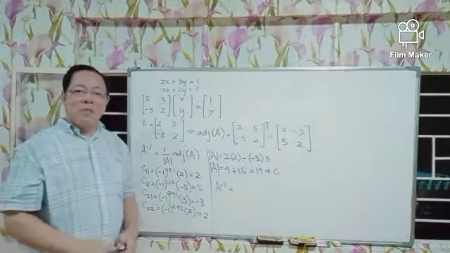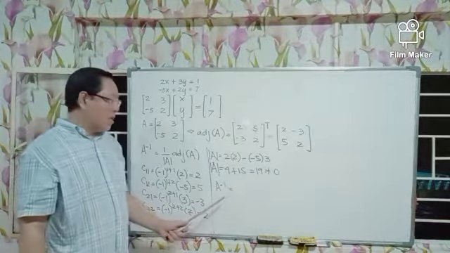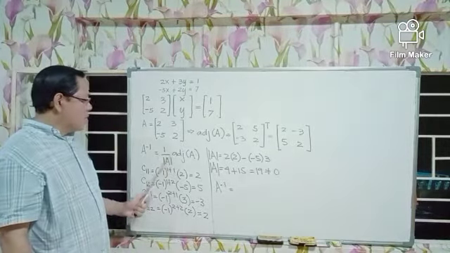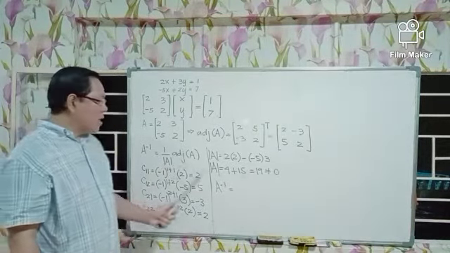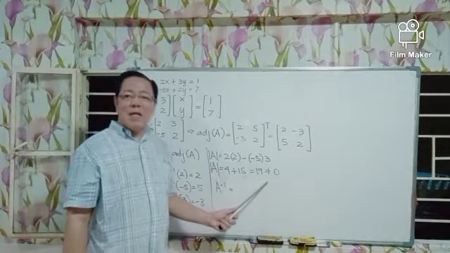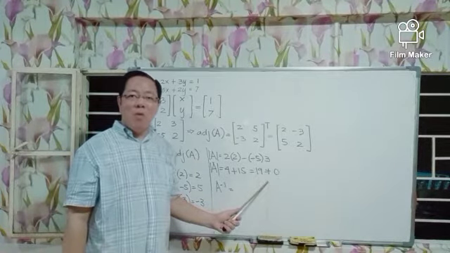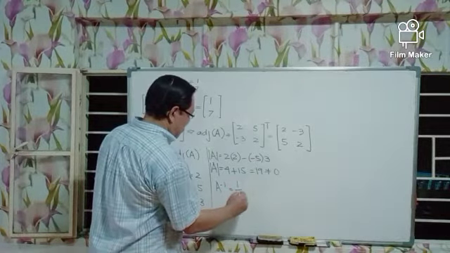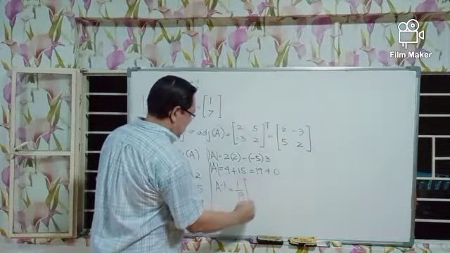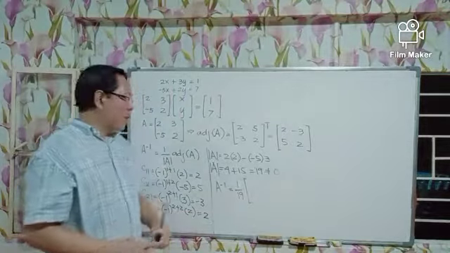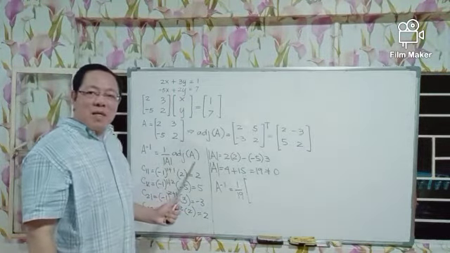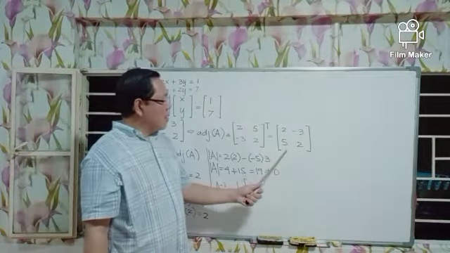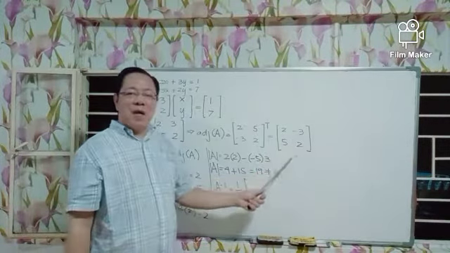The inverse of A, denoted by A to the minus 1, is equal to the reciprocal of the determinant of A. Determinant of A is 19 and its reciprocal is 1 over 19, multiplied by the adjoint of matrix A given by 2, negative 3, 5, 2.